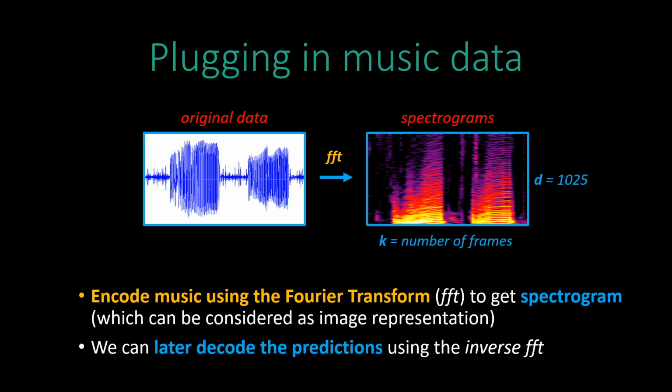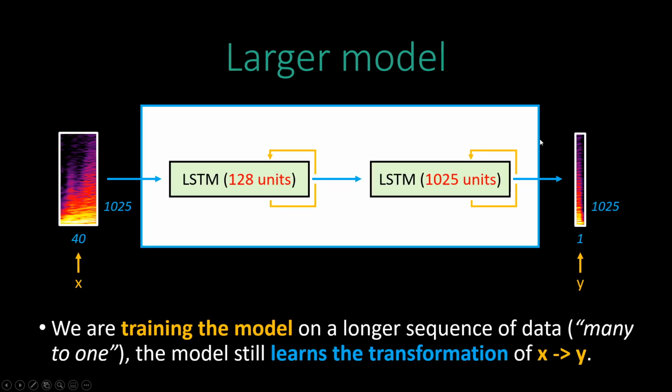However, we can take these spectrograms as a useful intermediate representation to handle music in a better way for these models. Okay, so we ended up with a dataset represented as blocks of data, similar to the way we represented the dataset with text vectors. In this case, we have a block of K by D dataset, and we are going to train a larger model on this.